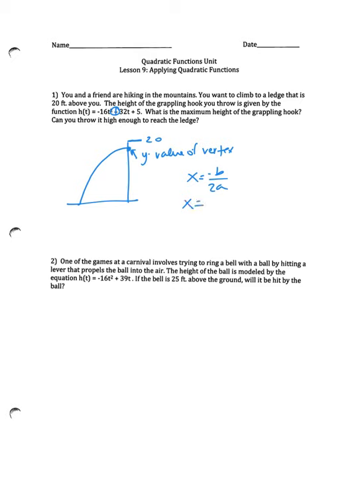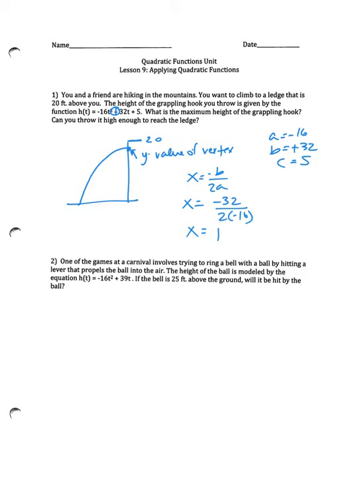So x equals negative b over 2a, where a is negative 16, b is positive 32, and c is 5. So negative b would be negative 32 over 2 times negative 16, so x equals 1. Now, if you use the original numbers, you got negative 1, which still, when you plug that back into the function, because you're squaring it, is going to end up giving you the same answer.